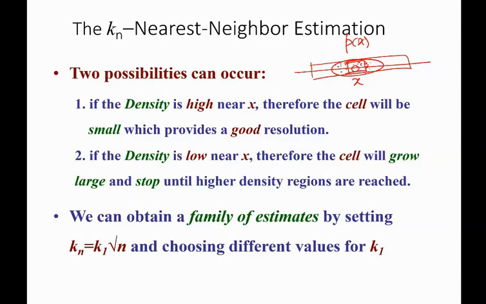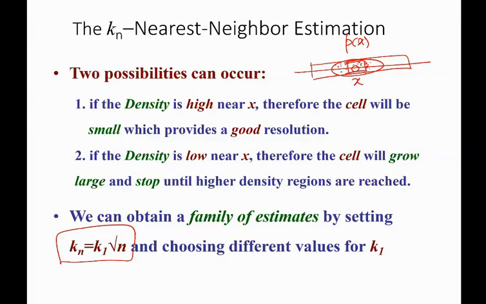But how many samples will be provided to us is not in our hands. So it should be remembered that this is going to happen with this method. So we can obtain a family of estimates by setting, say, kn equal to k1 into square root n.